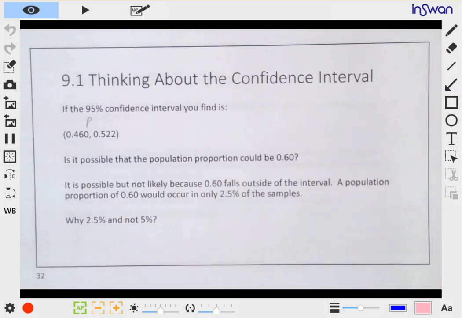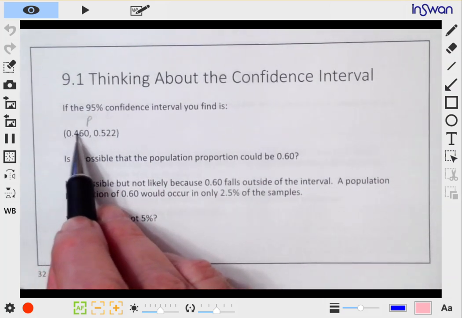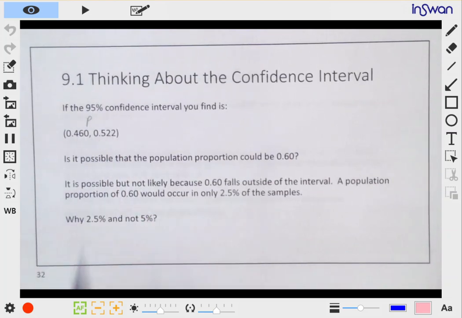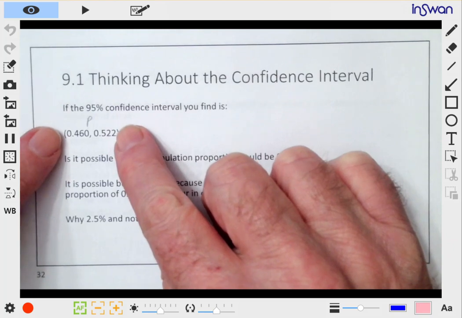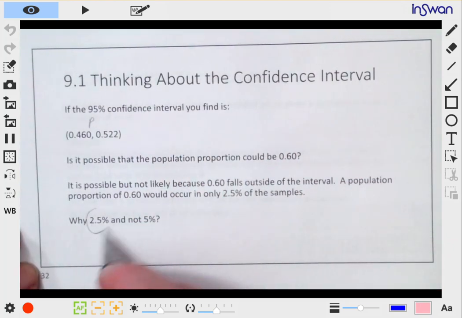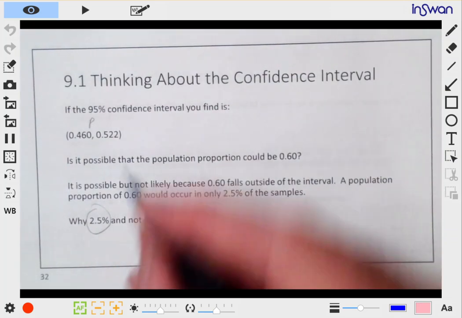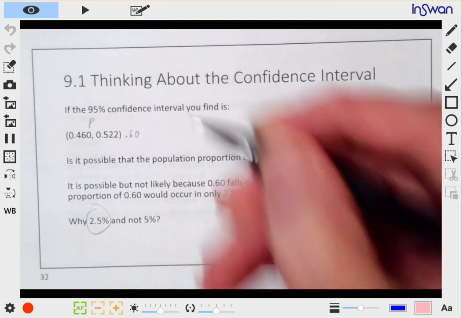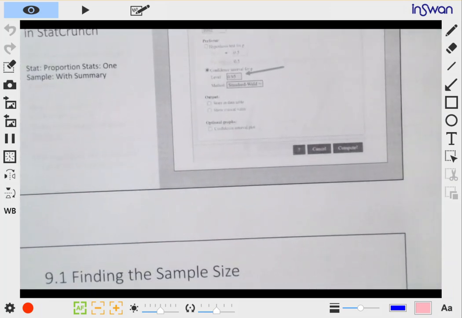Remember, 95% of our intervals should capture p, and 5% of the time it'll be outside of that, half of it here and half of it there. That's why it's 2.5%. Basically, 0.60 is in the upper tail of the distribution. All right, let's move on to the next slide.